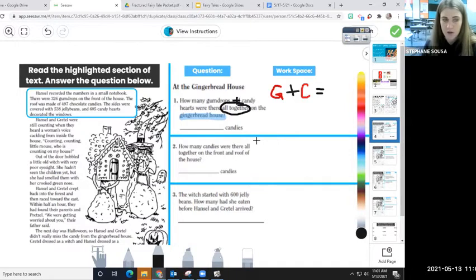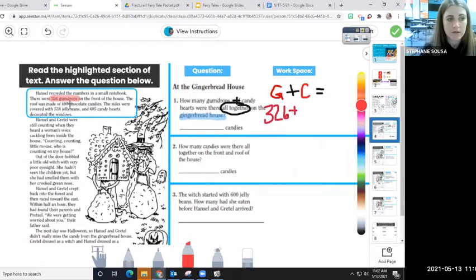Okay. So you are going to take a look at the text and we're going to see how many gumdrops. Let's look. Hansel recorded the numbers in a small notebook. There were 326 gumdrops. So let's record that number. 326 plus our candy hearts.